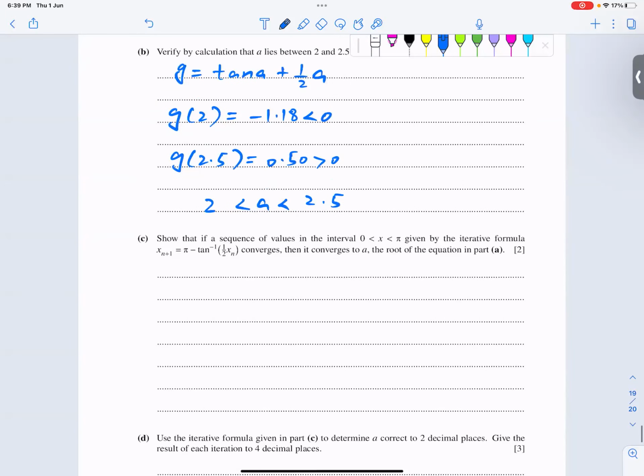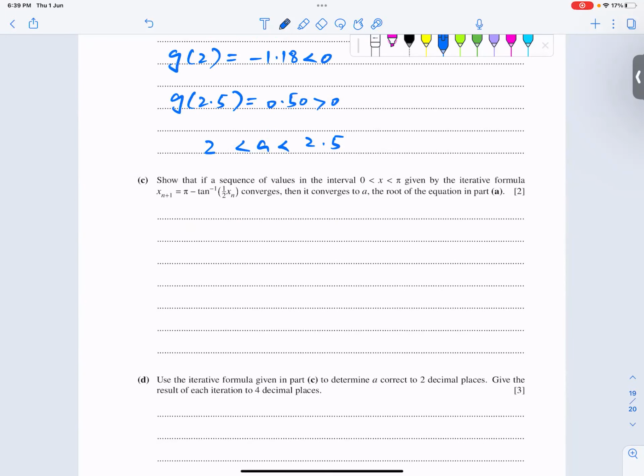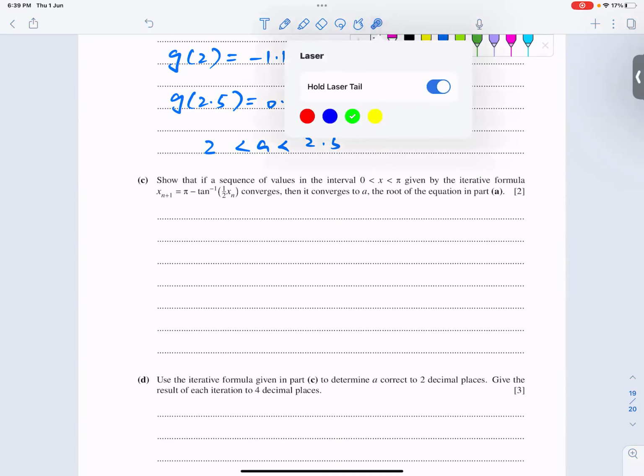Okay. Now the C part is: show that if a sequence of values in the interval 0 to pi given by the iterative formula converges, then it converges to a, the root of the equation in part A. We have also learned this concept: the meaning of this question is we just need to go back to the original equation.